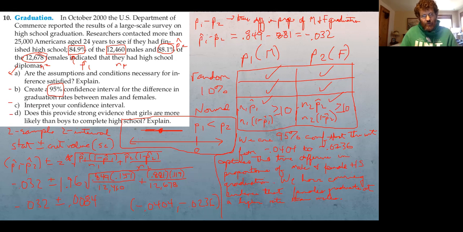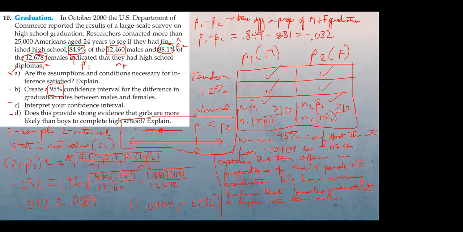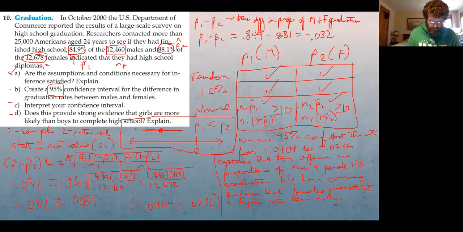Are there any questions on any part of this process we just went through? So if the P1 hat and the P2 hat are both negative, is that when it means that there's no convincing evidence? Not like the final one, where it's negative 0.0404 and negative 0.0236, because those two are negatives. It's the confidence interval. These two have to be negative, because your proportions, your P hat 1 and P hat 2, are always going to be positive.